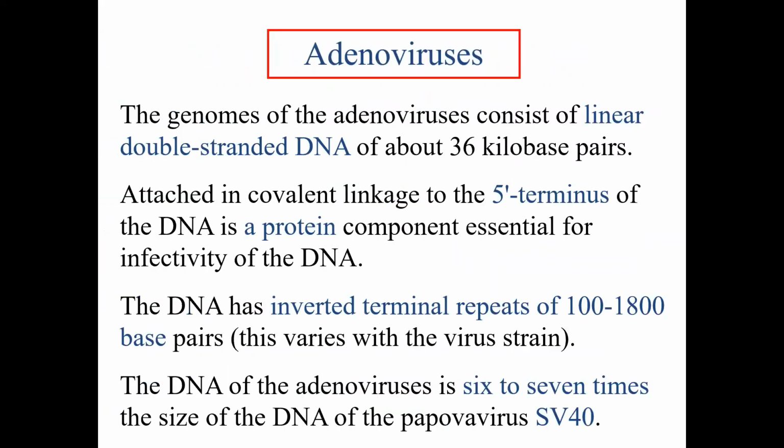You have another group of viruses, adenoviruses. These consist of linear double-stranded DNA of about 36 kilobase pairs. They must create protein codes that are essential for the infective properties of their DNA. The DNA is generally about 5 to 6 times the size of other DNA papovaviruses.